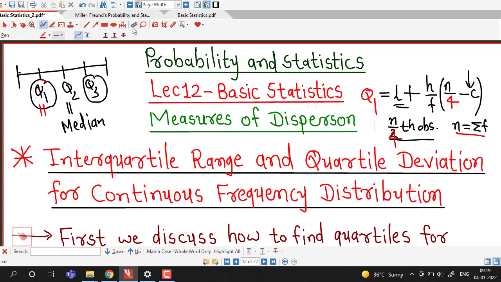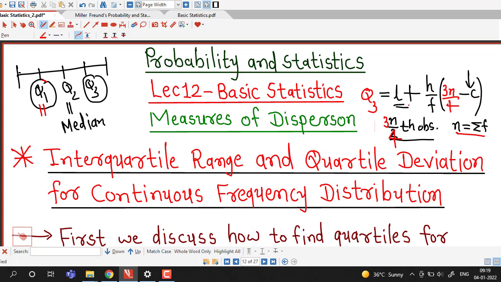For third quartile, we will replace this by 3, and instead of N by 4, we will write 3N by 4, and we will find out the class which contains the 3N by 4th observation using cumulative frequency.